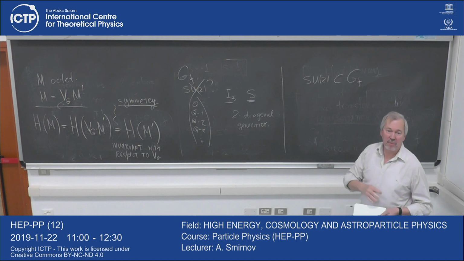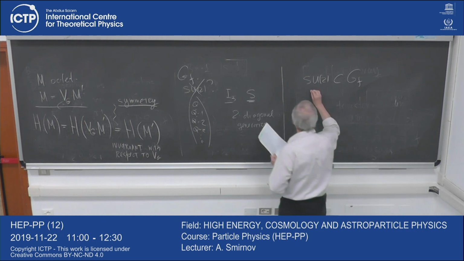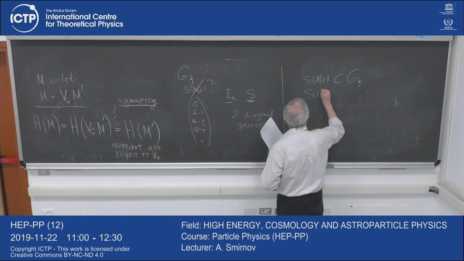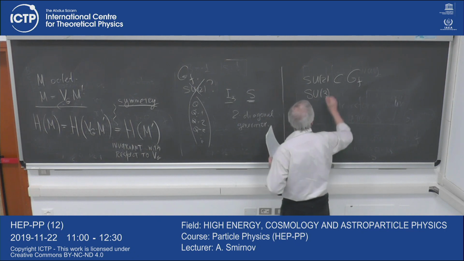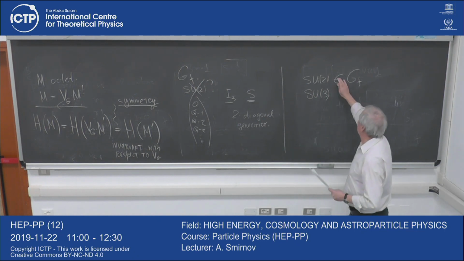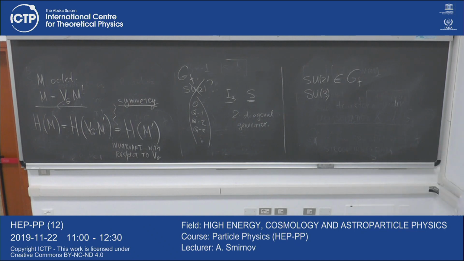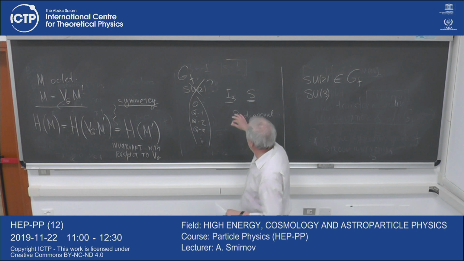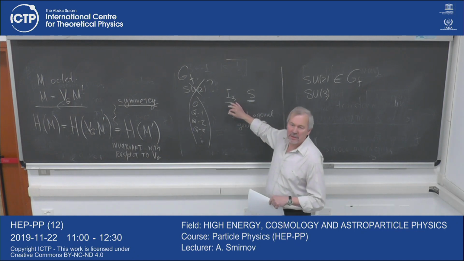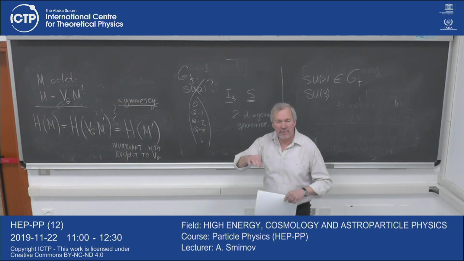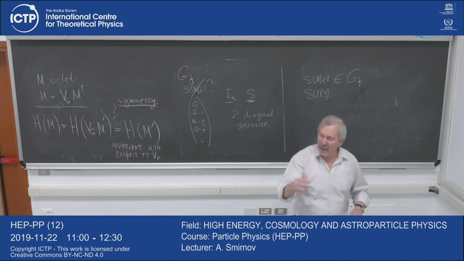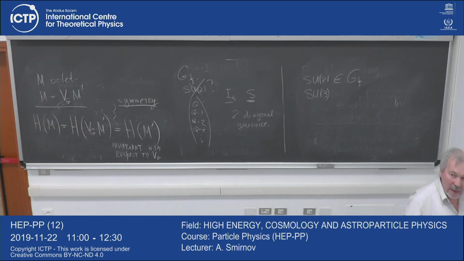And of course, the minimal step is clear that we need to consider group SU3, which satisfies all these features. So it has a subgroup SU2, and therefore we can describe isospin, and particles in our multiplets have different isospins, so isospin should be included. And it has two diagonal generators.